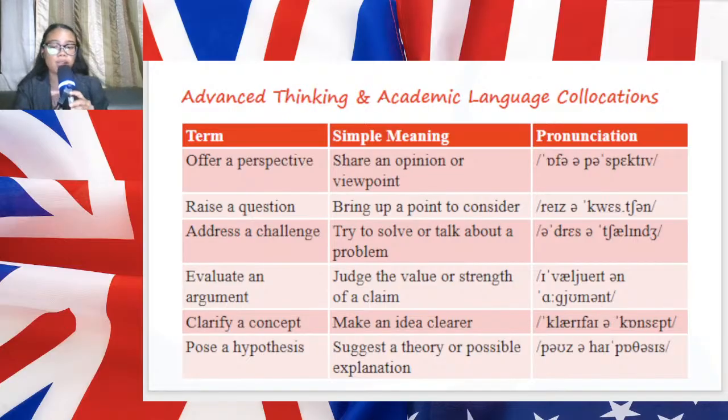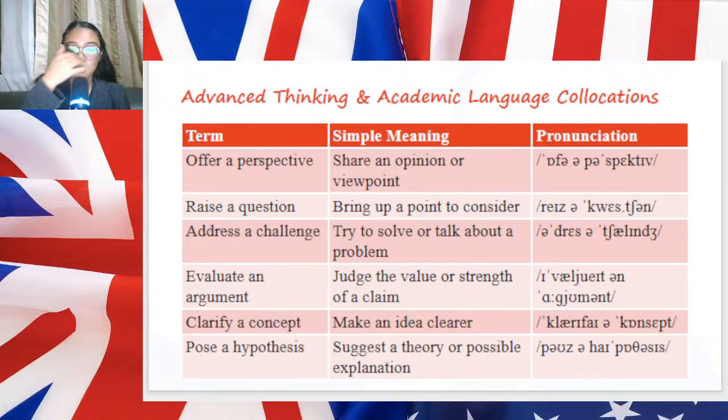Pronunciation wise, we start with raise, which is a one syllable word. It rhymes with maze, which has a clear A diphthong sound and a buzzing sound at the end. Then followed by a soft sound, and then question, the last word, which has two syllables. We stress the first syllable, quest, which has a clear, short vowel sound. The letter Q makes the consonant cluster of K and W. The second syllable is chon.